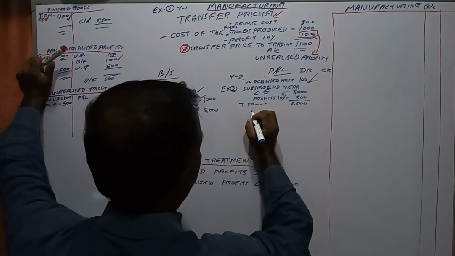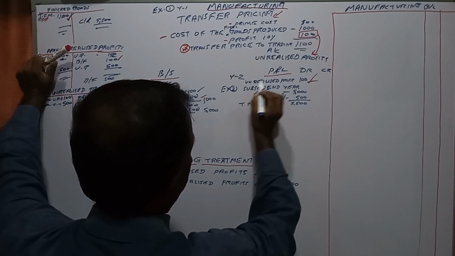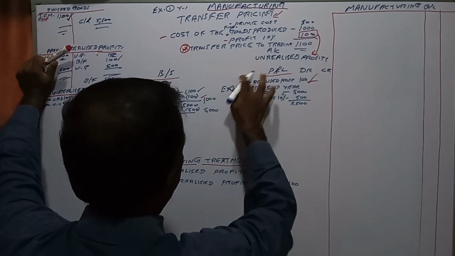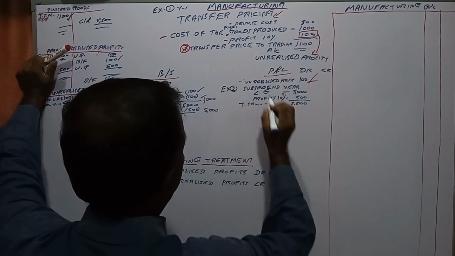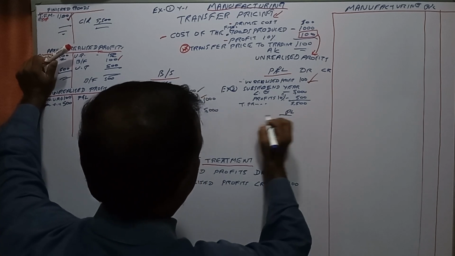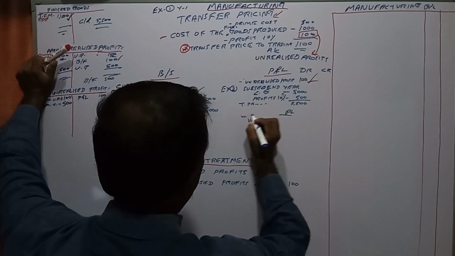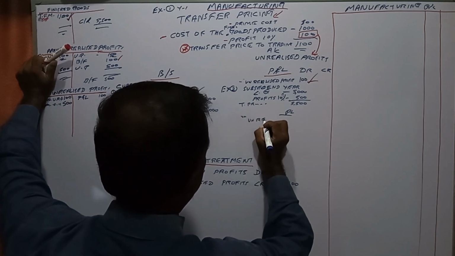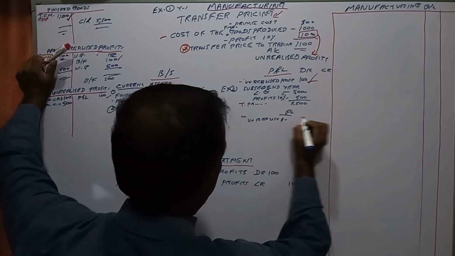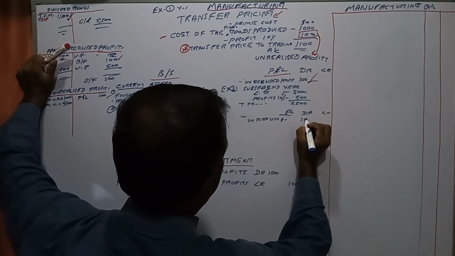And here in the P&L, we have seen in year 1 unrealized profits 100 debit and credit 100.